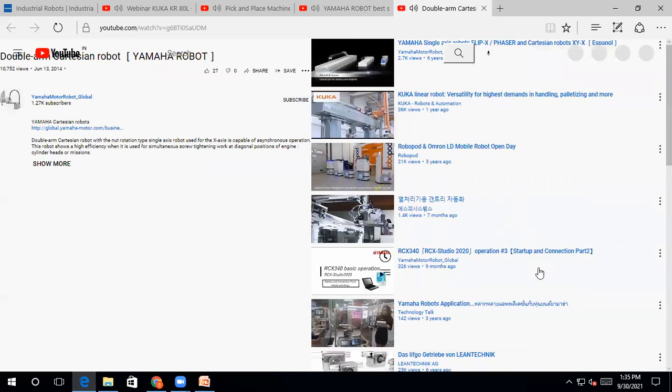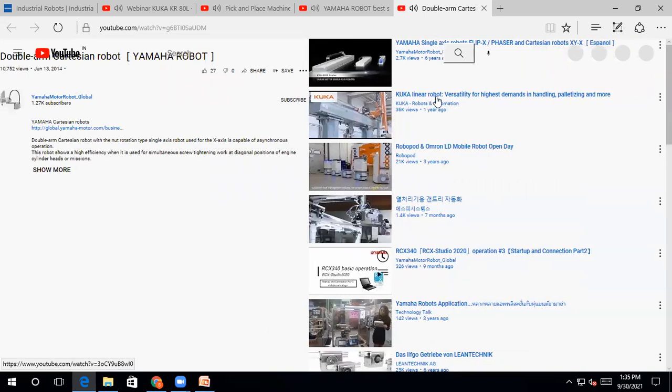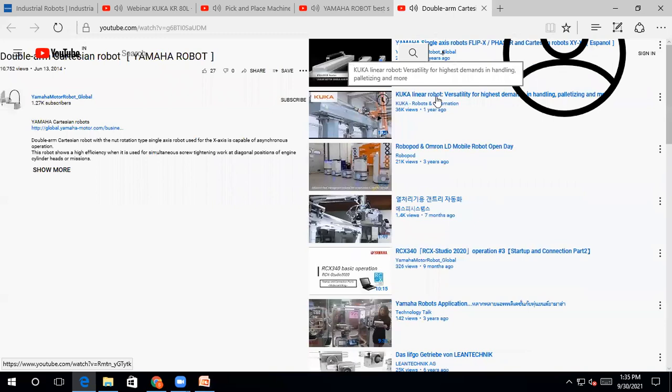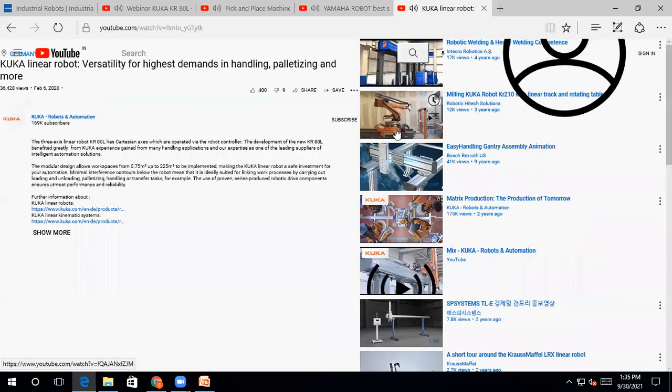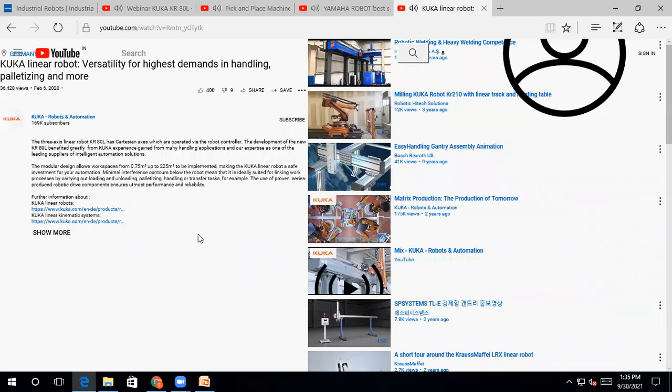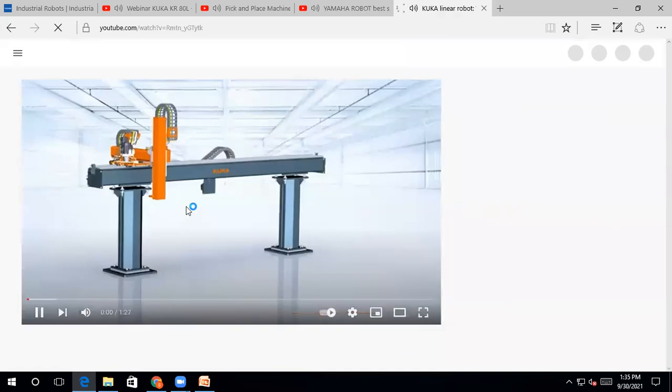Now another we'll see here. Is any link there or not? Kuka linear robot. We'll see Kuka. Is there some problem? See here Kuka.